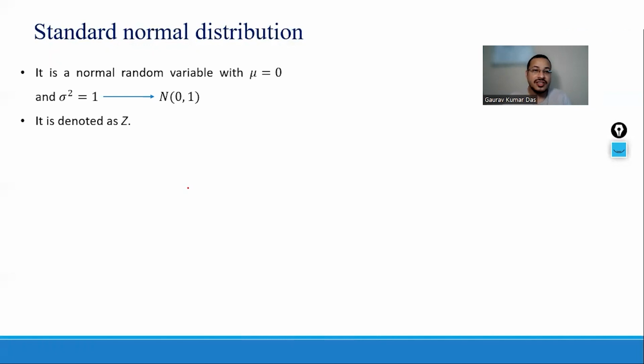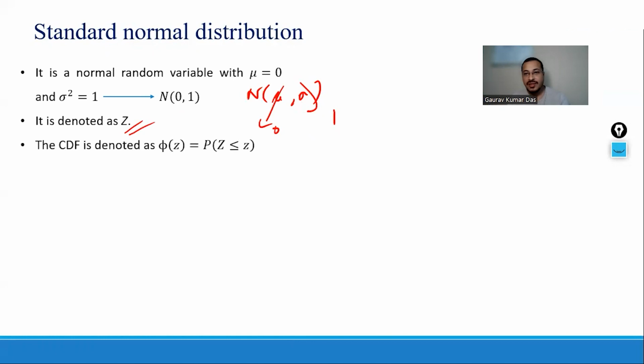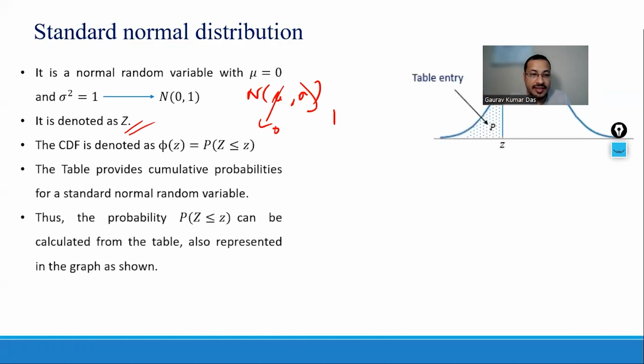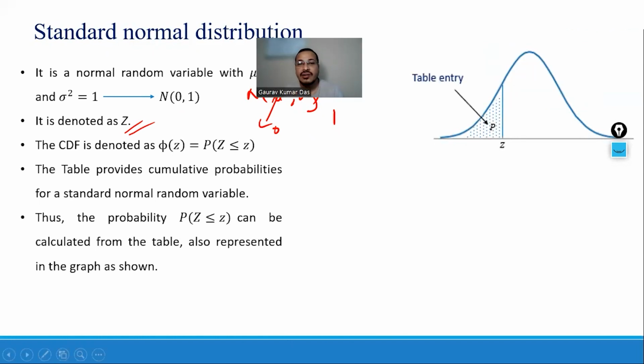So its parameters change to N of mu comma sigma, where mu is 0 and sigma is 1. It is often denoted with the capital letter Z. The CDF is defined by phi of Z, just like we did before. And these cumulative values have already been calculated for a range of possible numbers in a table, which is called the standard normal table or a Z table.